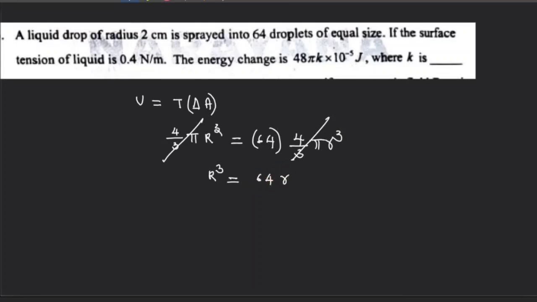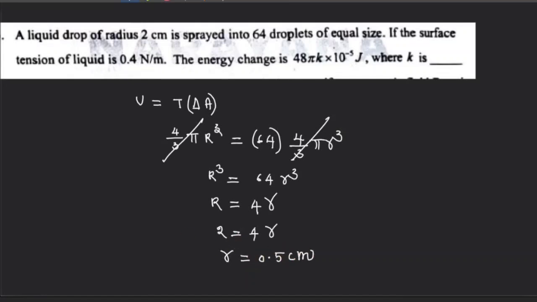Therefore R is equal to 4 into r, since the cube root of 64 is 4. Capital R is 2 centimeter here, so 2 is equal to 4 into r. Therefore small r is equal to 0.5 centimeter.